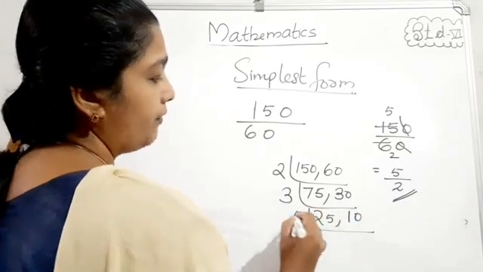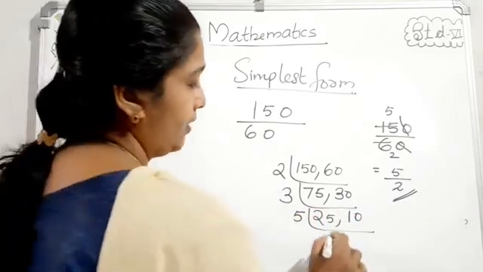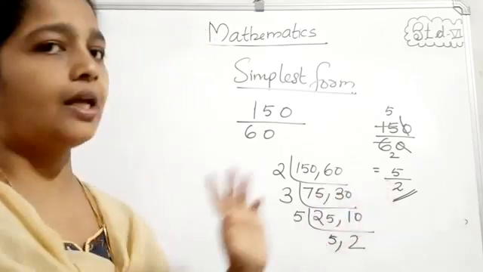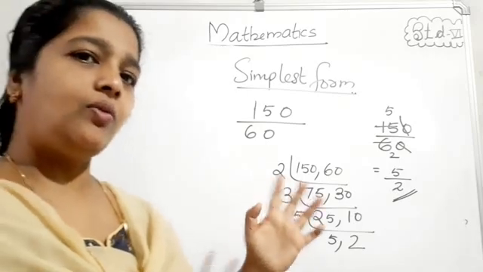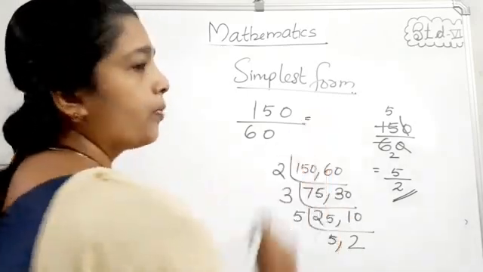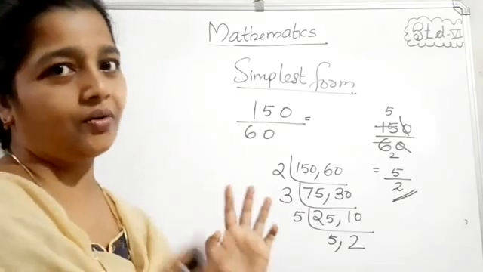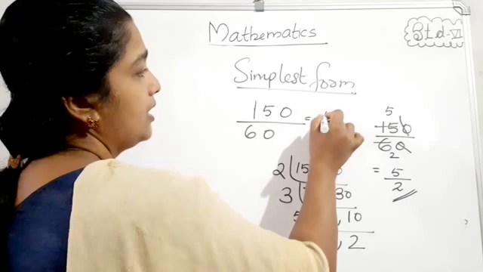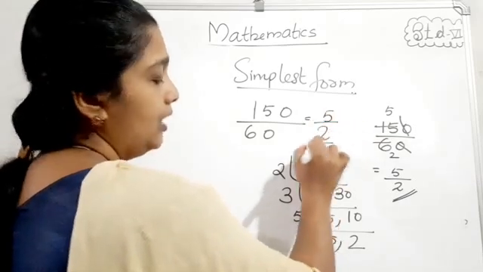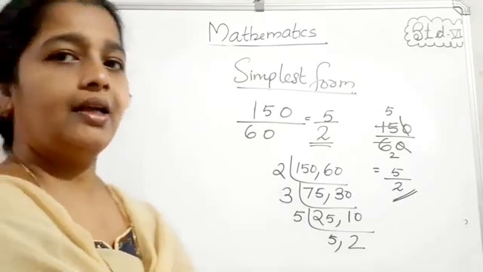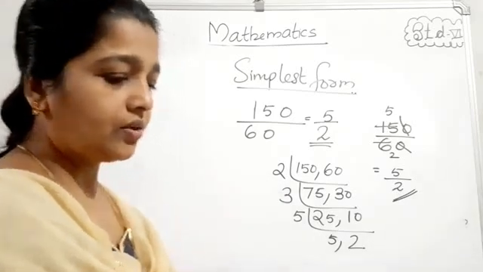Again 5: 25 by 5 equals 5 and 10 by 5 equals 2. So both answers are correct. Which one is easy, you will go with that. Understand? Yes. In examination time, no problem. You can write the correct answer only, that is enough. So here 5 by 2 is the simplest form of 150 by 60. Understand? Yes. So next question.